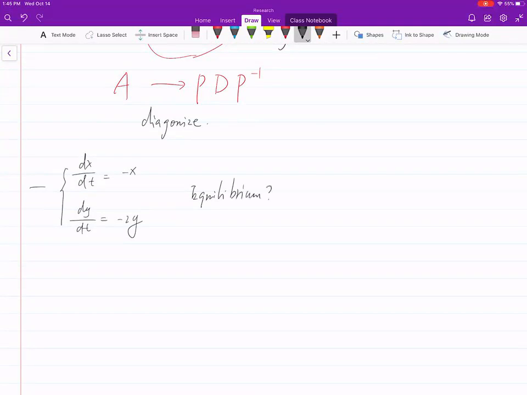The answer is yes, it's 0, 0. Is it a sink or a source?